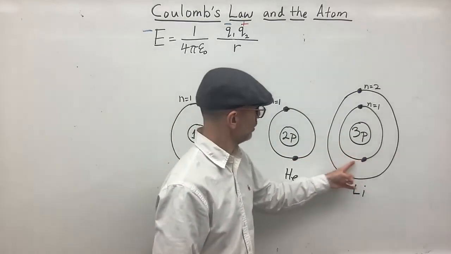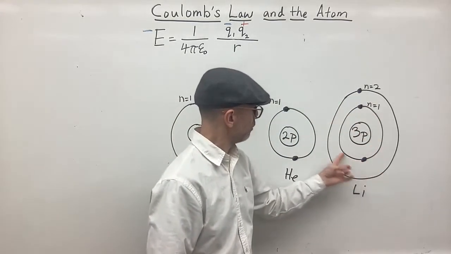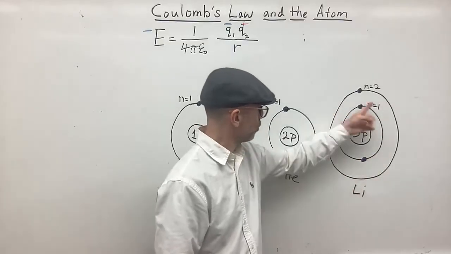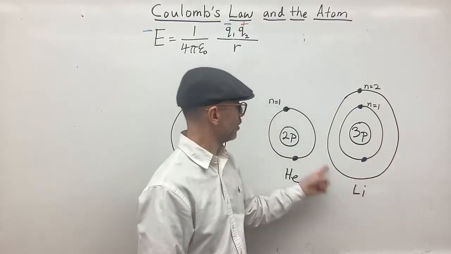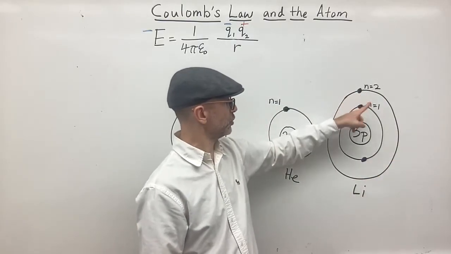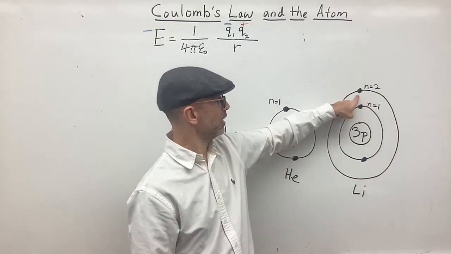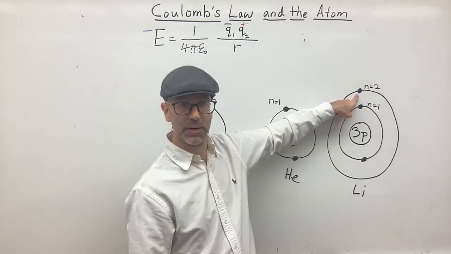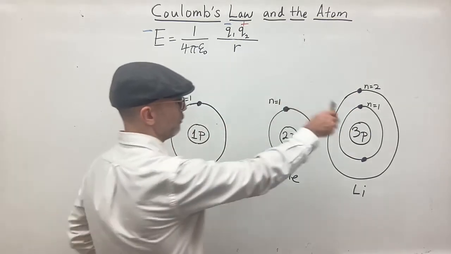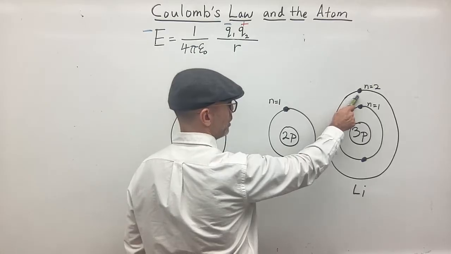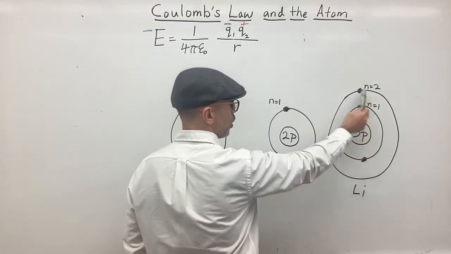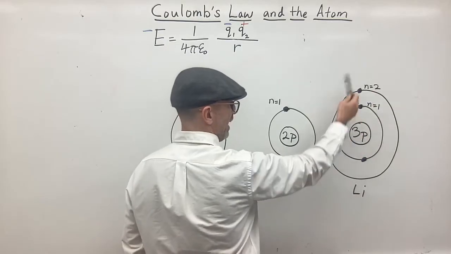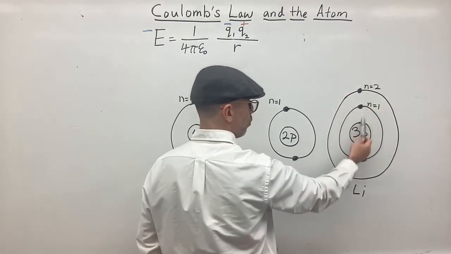And here you can see we have energy level number 1, n equals 1, and now we're adding a second energy level, energy level number 2. And now we have electrons in the energy level here. If we're looking at this electron here, this electron is farther from the nucleus, so it's not going to feel as much of a pull.